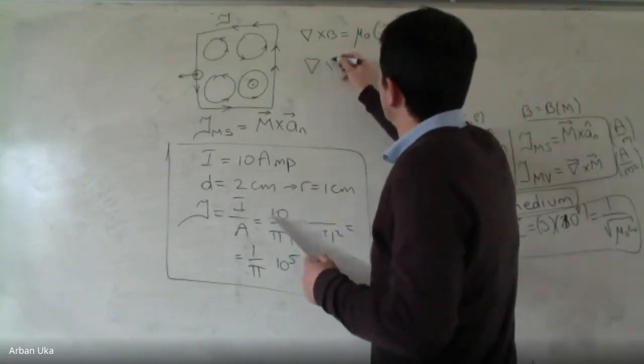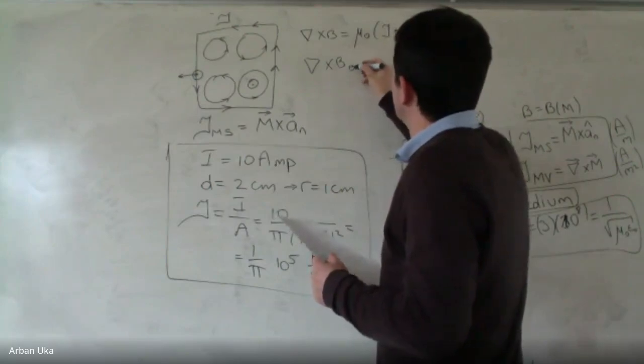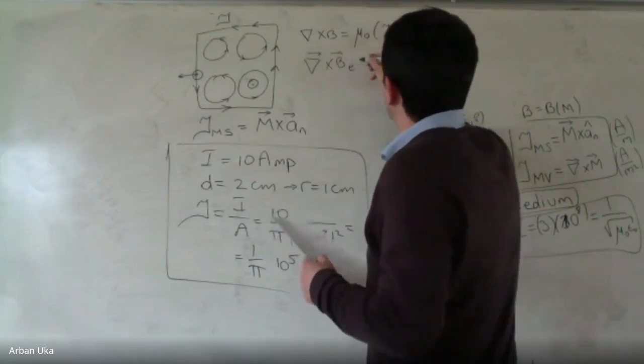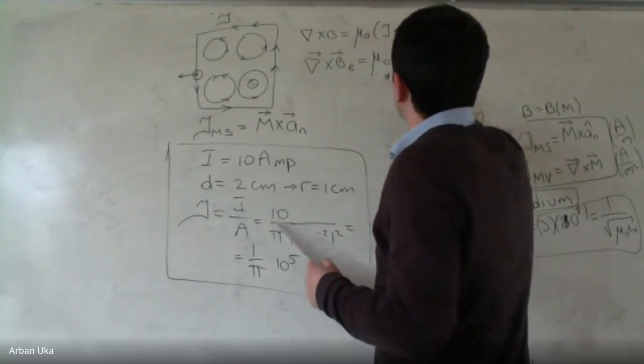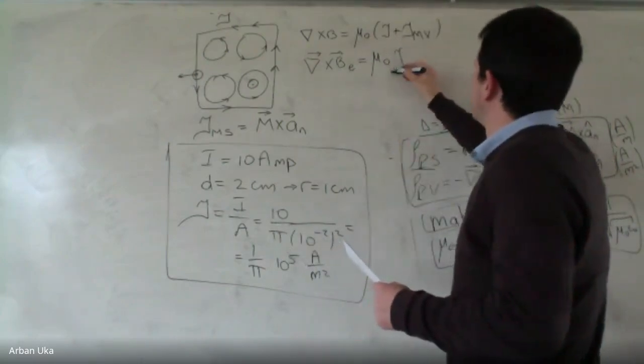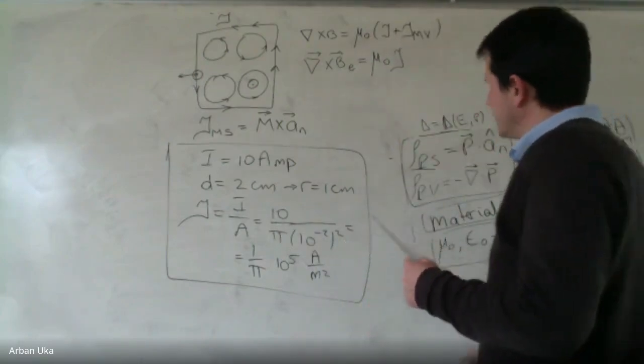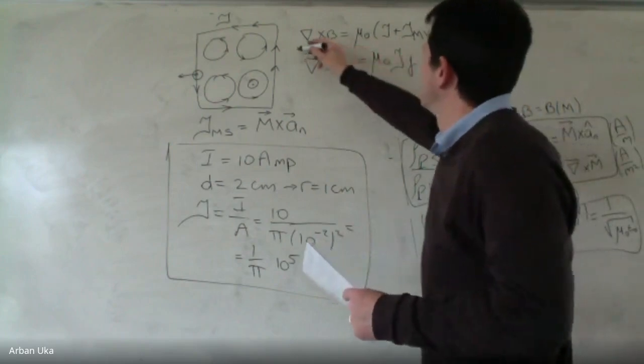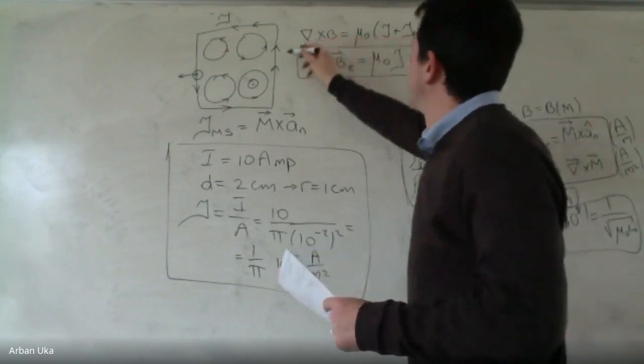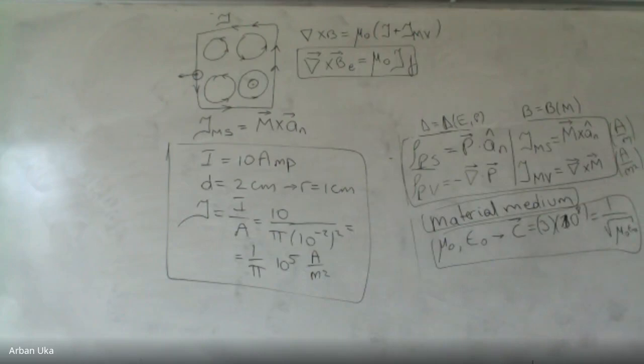The curl of B external would be equal to mu 0 times J free. So this is the free current density. We can write this like this, and this is the external.